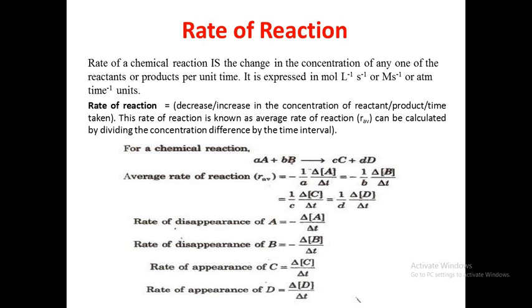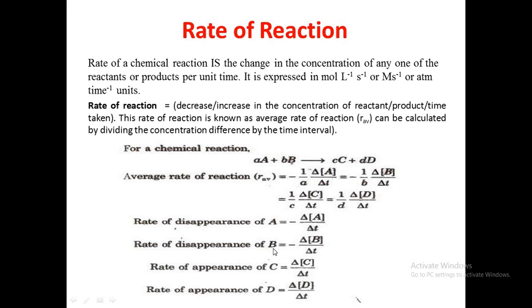Now suppose the change in concentration for A is delta A, okay, and the time taken is delta t. So in this case, delta A by delta t is rate of disappearance of A, okay, and since the concentration of reactant always decreases within a reaction, therefore we have to multiply the negative sign before this rate.